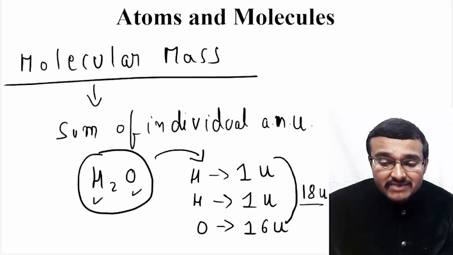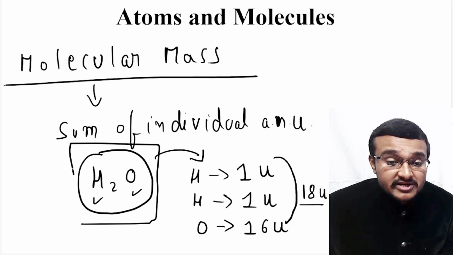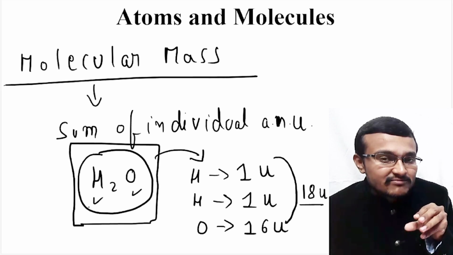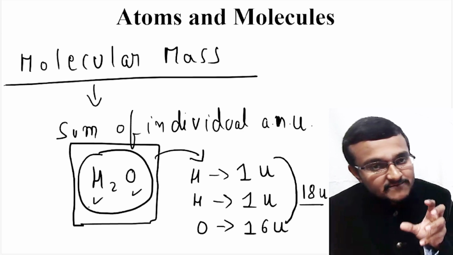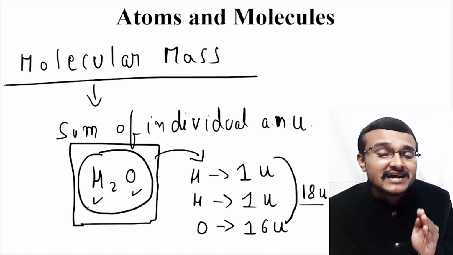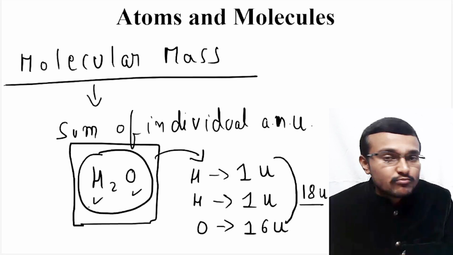So 18 atomic mass units is the molecular mass of the H2O molecule. If you want to find the molecular mass, that is the mass of a particular molecule, you can add the individual atomic masses of the elements involved to form that molecule.